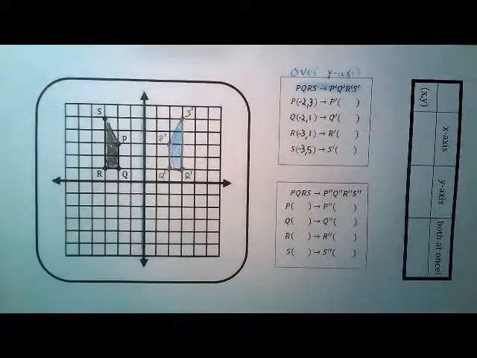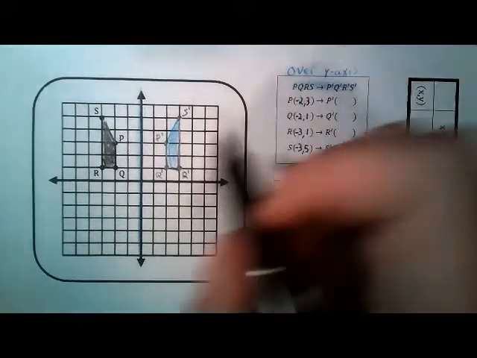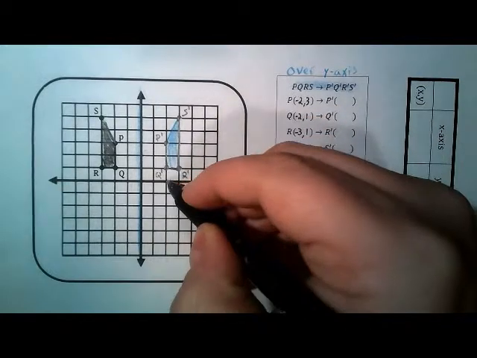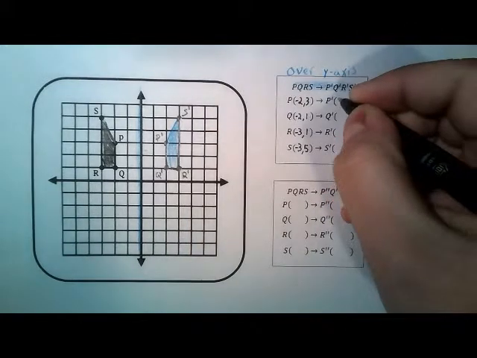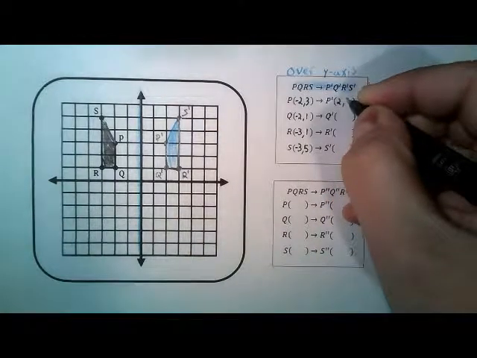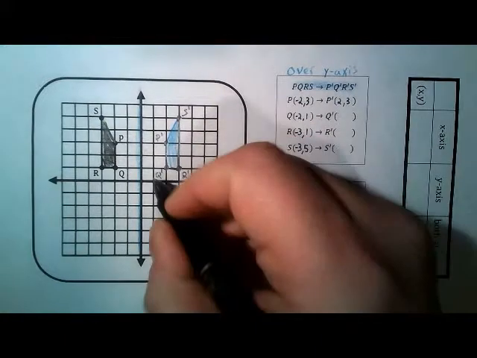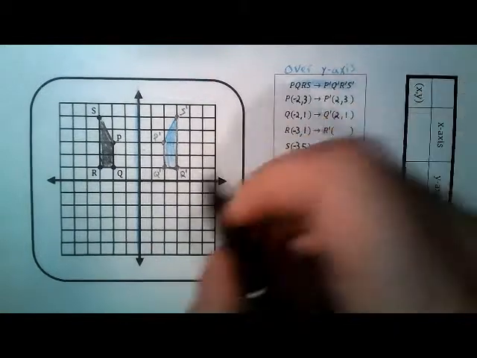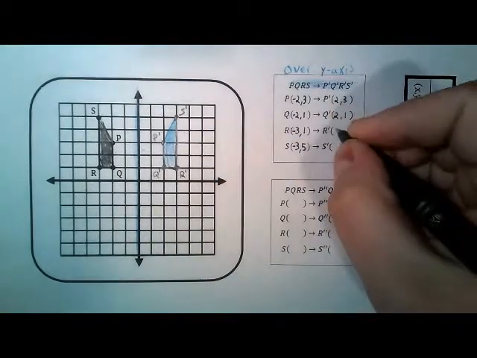Now let's take a look at how the coordinates change. So P to P prime went from negative 2, 3 to positive 2, 3. The new Q is at 2, 1. The new R, 3, 1.